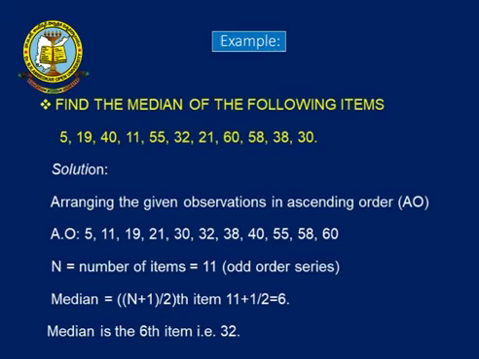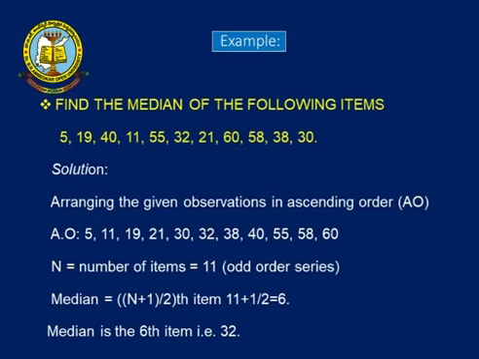The 6th observation: first is 5, second 11, third 19, fourth 21, fifth 30, and the sixth one is 32. Therefore, the median is the sixth item, that is 32.